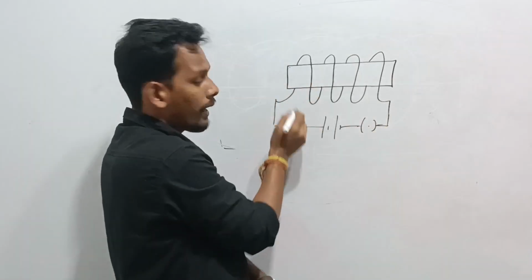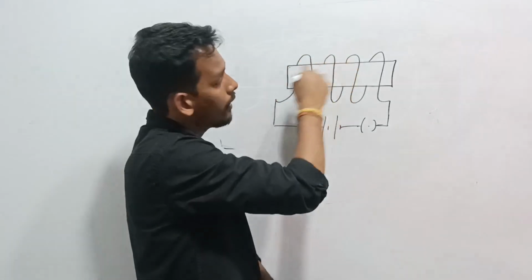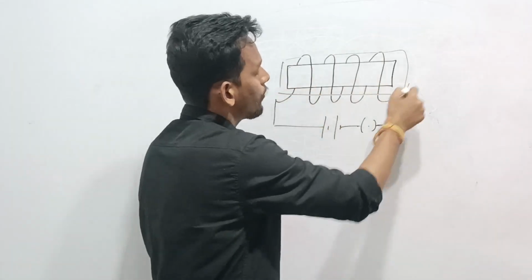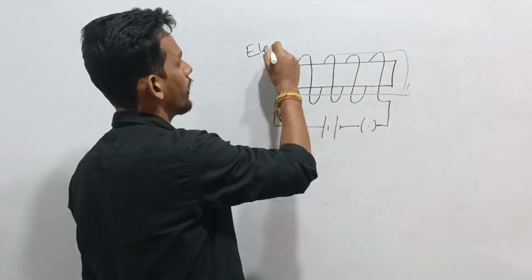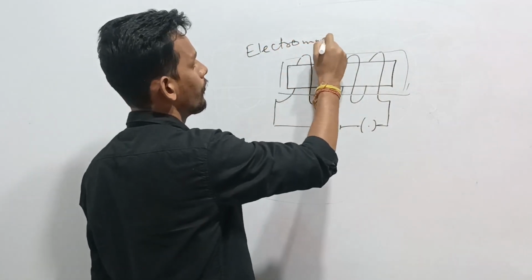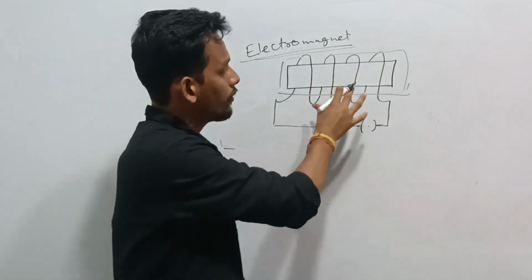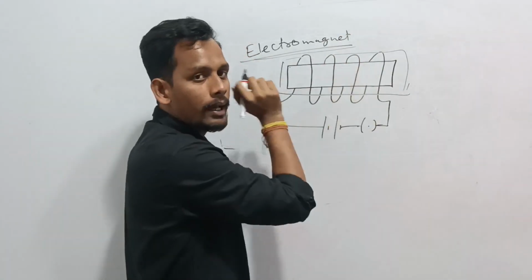Now, if you wrap the wire throughout the conductor, then the whole conductor will behave like a magnet, and this is called an electromagnet, which is very important. You can use this as a magnet. So when the switch is on, it will behave like a magnet.